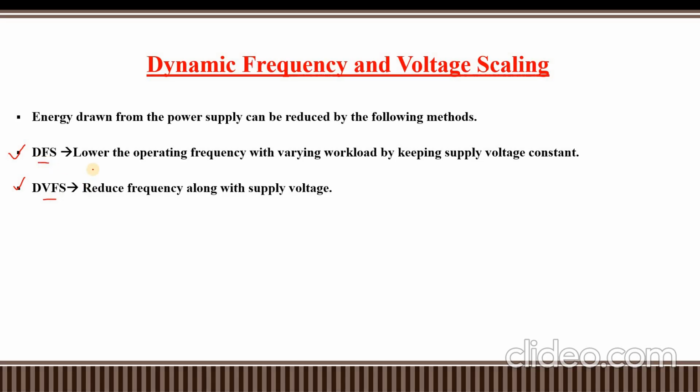In dynamic frequency scaling, we lower the frequency with varying load and keep the supply voltage constant. In dynamic voltage and frequency scaling, we reduce both the frequency as well as the supply voltage. It is another technique to reduce the dynamic power dissipation.